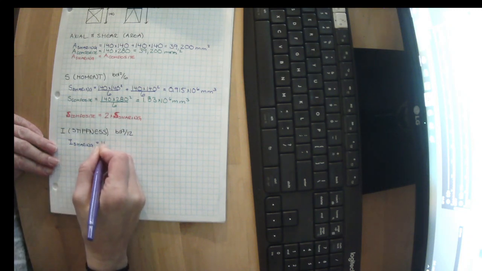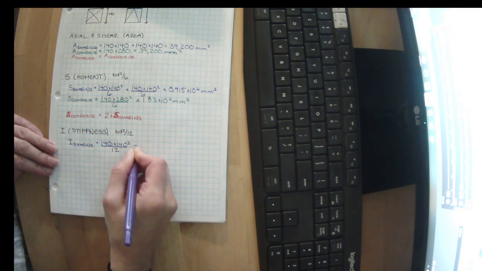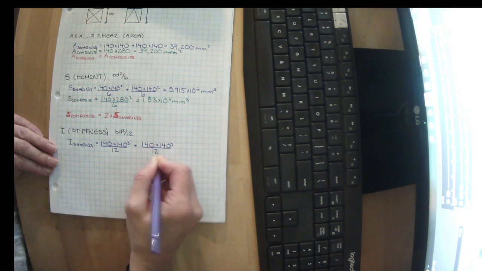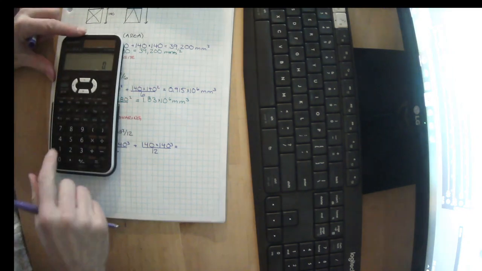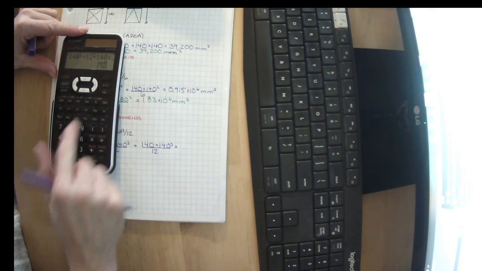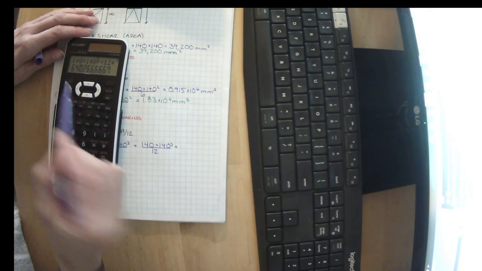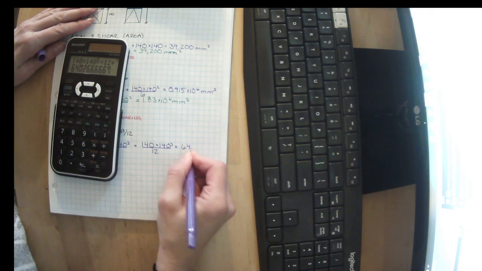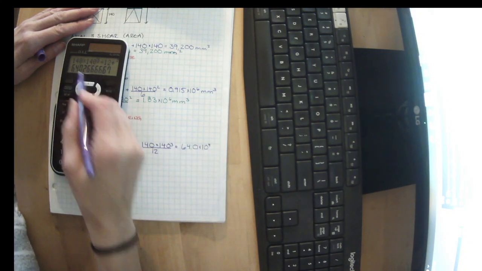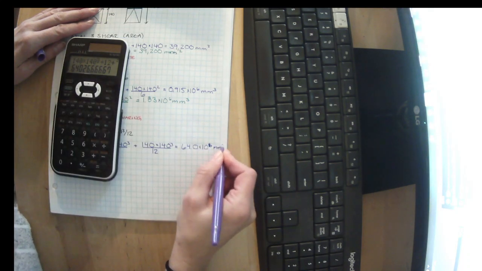The I for sharing is 140 times 140 cubed divided by 12 plus 140 times 140 cubed divided by 12, which equals 64.0 times 10 to the 6 millimeters to the 4th.